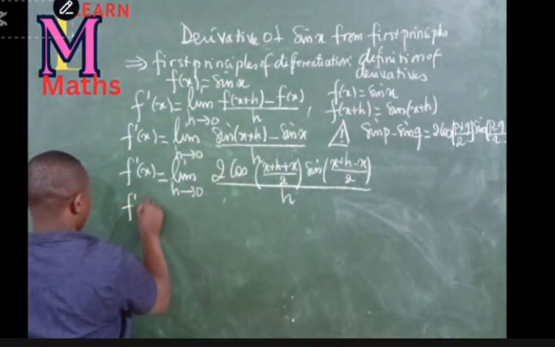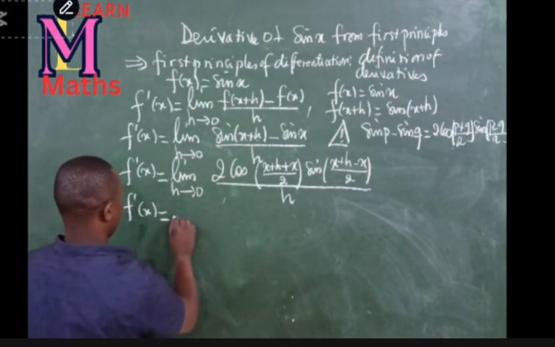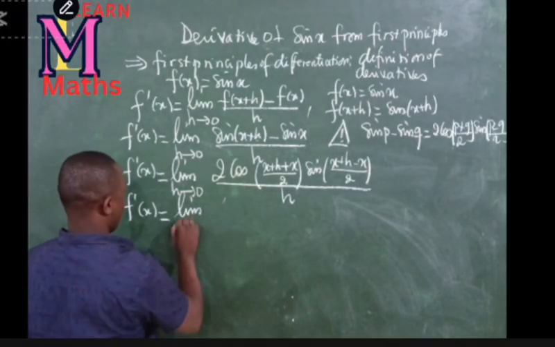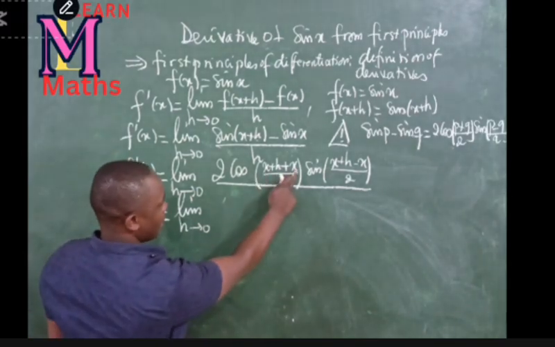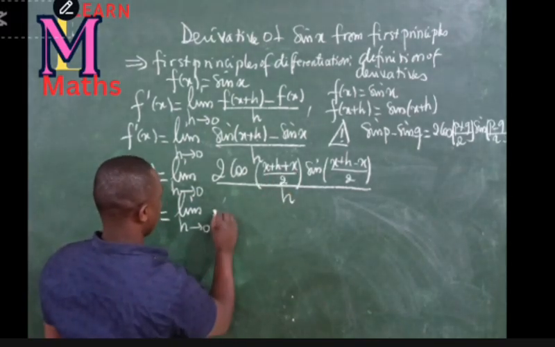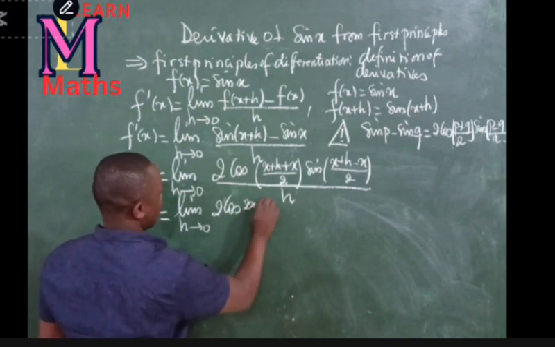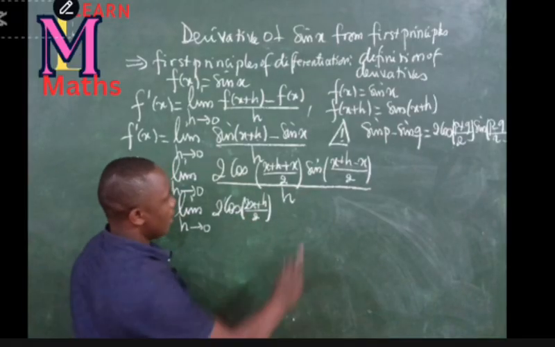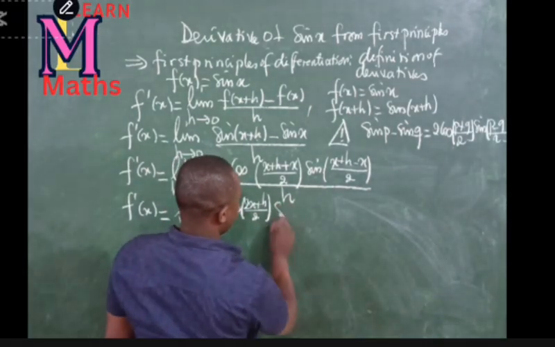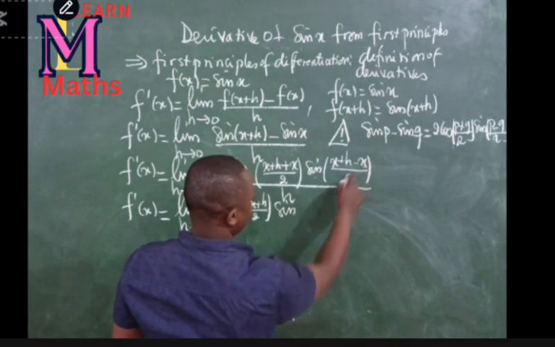Here the derivative of the function is going to be the limit as h approaches 0 of, x plus x, that is 2x, here we have 2 times cosine of 2x plus h over 2. Here we have sine of x minus x, that is 0.